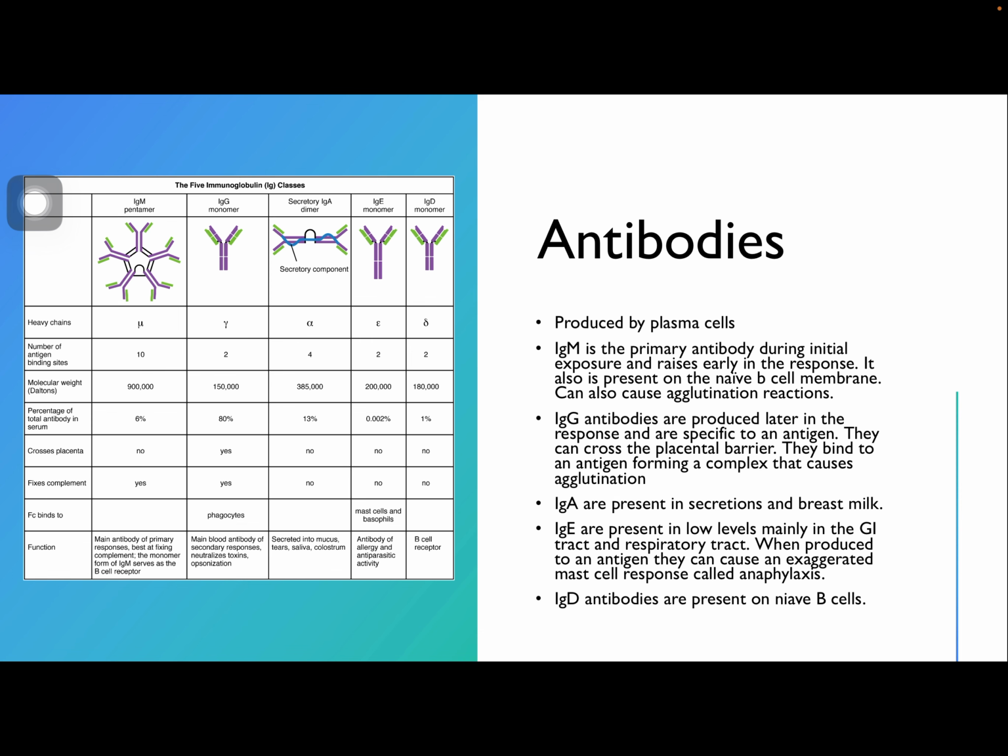Where these antibodies are formed, in particular, are the respiratory mucosa and the GI tract mucosa. And with allergic reactions, one key thing to note is we often are taught to look for urticaria, hives, and swelling of the airways as the first signs of an anaphylactic reaction.